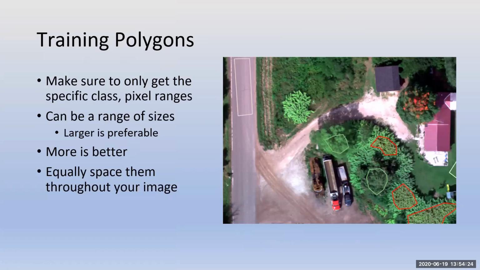So it'll search our entire photo and say, yep, these are roads. And then there are those red areas. Those are polygons that contain 100% Japanese knotweed. And then the green areas are the higher tree cover.